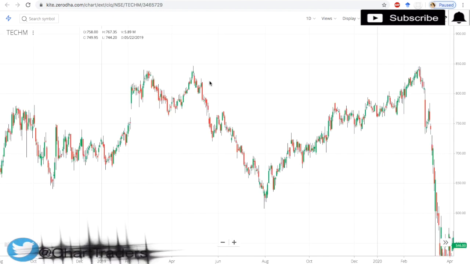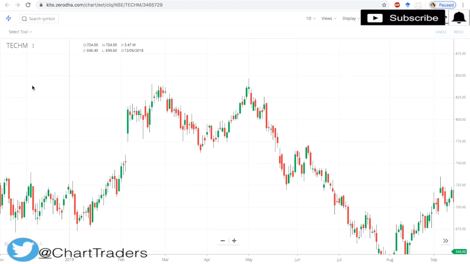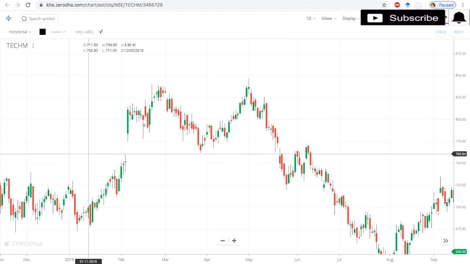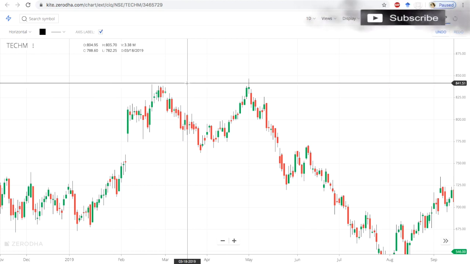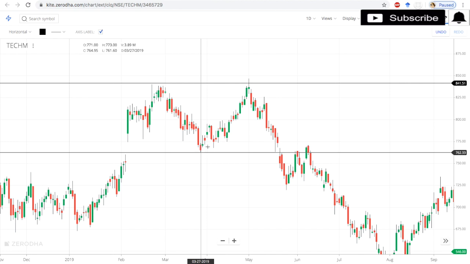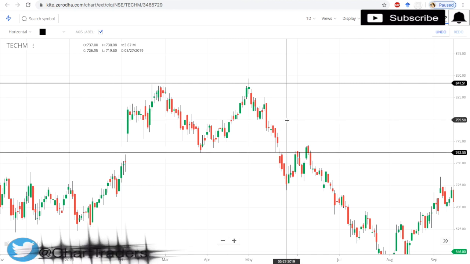Same way in Tech Mahindra, we have a double top. See, that is an approximate double top. Price moves up and down, so this is your neckline point. Again it moves up and down, breakout. So here you can sell. Stop loss is 50%.